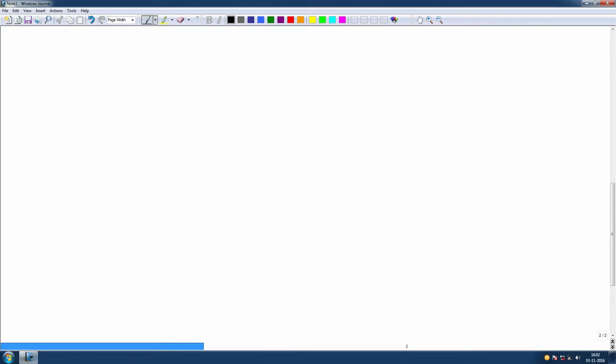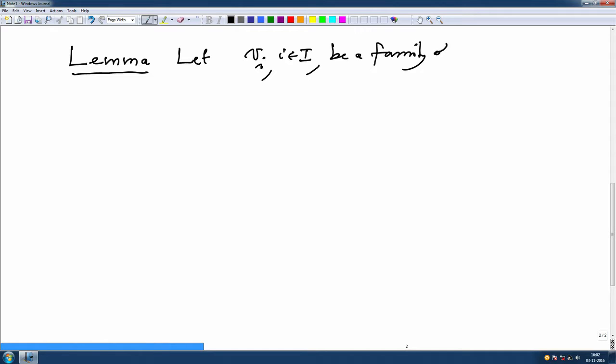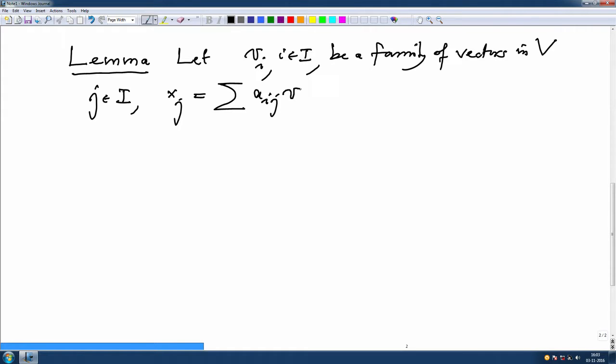So, the first easy lemma that I have already done earlier, but I want to do it again. Let Vi, i in I, be a family of vectors in V, and for any j in I, let us write xj to be the combination of these Vi's, the sum of a i j times Vi.